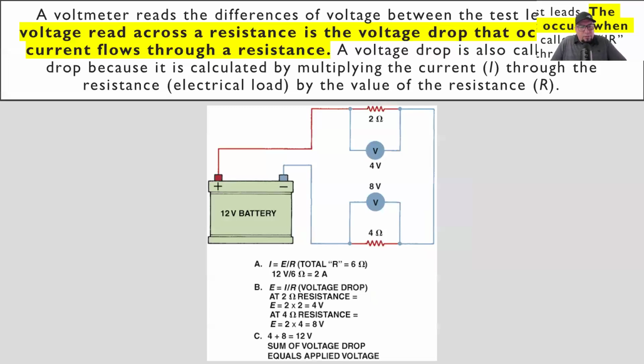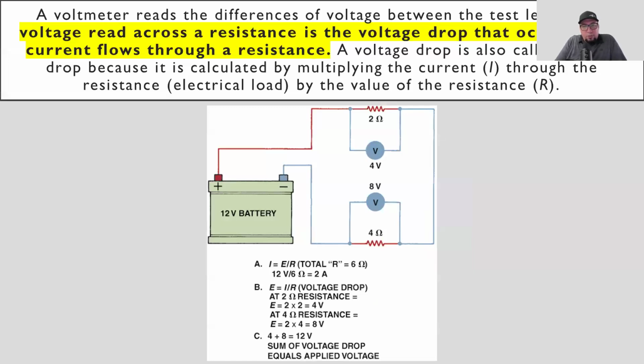This slide here is talking about voltage drop. Voltage drop again refers to the voltage lost or voltage used. This circuit is a 12-volt circuit, like all of our circuits that we're going to be using for the most part.